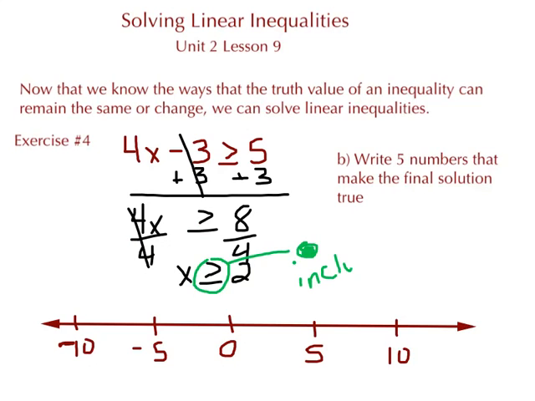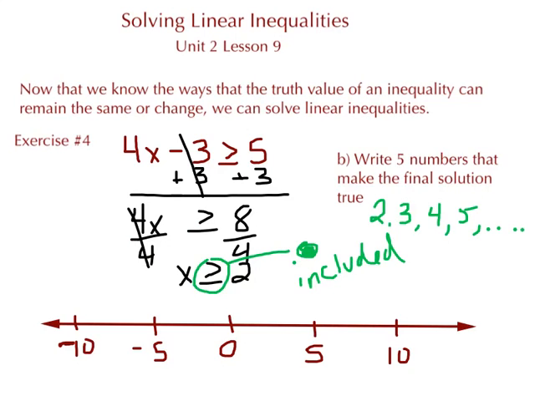It's included. So when we look at B here, it says write 5 numbers that make the final solution true. It says that x could be greater than or equal to 2. So my numbers are going to be 2, 3, 4, 5, and they continue on.